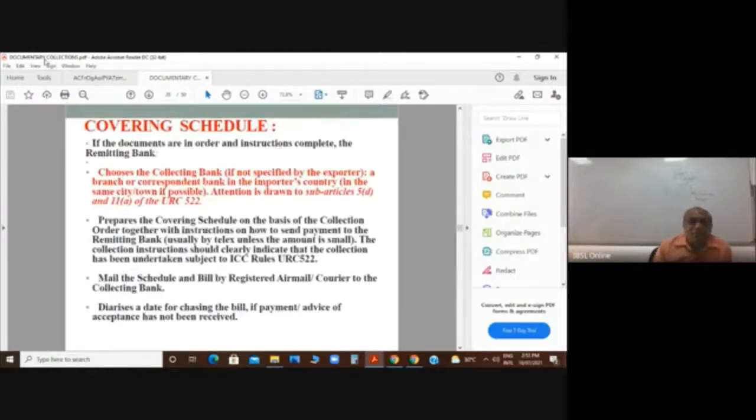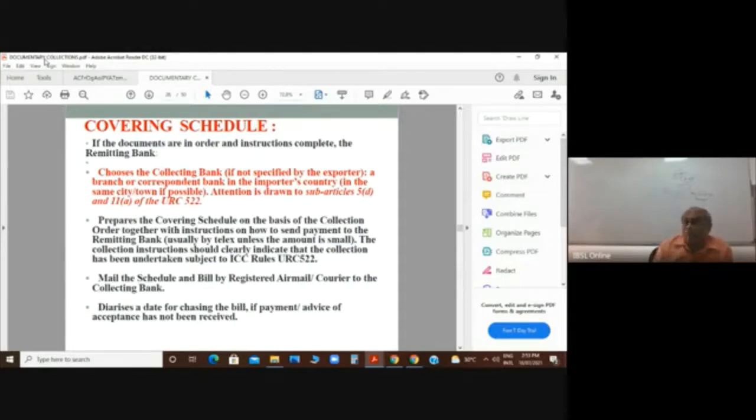The covering schedule: if the documents are in order and instructions complete, the remitting bank will choose the best collecting bank, if not specified by the exporter. Sometimes the exporter will specify the collecting bank, because when dealing with the importer, the importer will say, please send the documents to my bank, Commercial Bank.